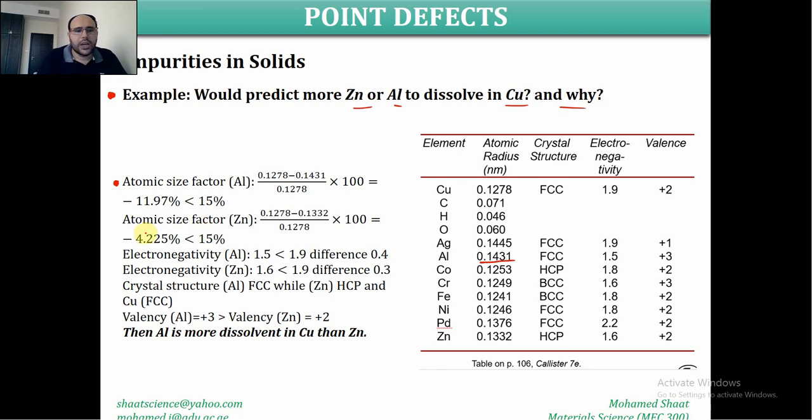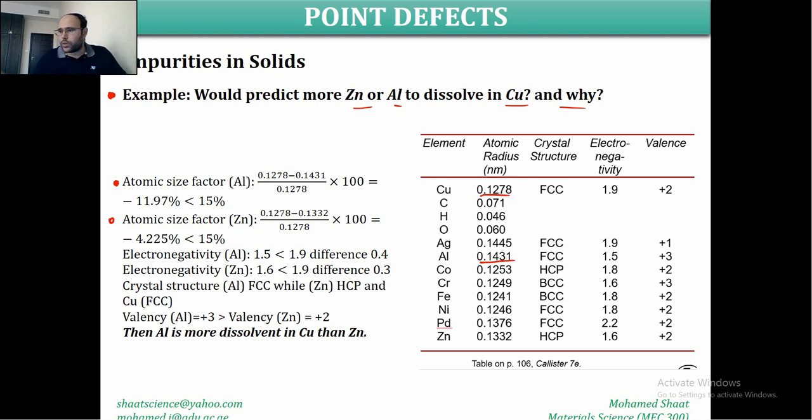The same thing, the atomic size factor for the zinc. The radius for the zinc is 0.1332, and the atomic radius of the copper is 0.1278. The atomic radius of the copper minus 0.1332, divided by the atomic radius of the copper, times 100, gives negative 4.225%, which indicates that the zinc is better than aluminum according to the atomic size factor.